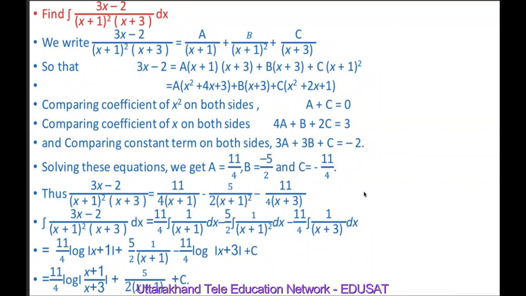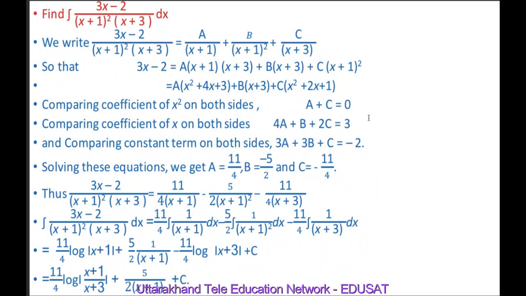So you can solve this equation to get the values of a, b and c. You can shift c to other side, get the value of a equal to minus c, substitute the value of a here, substitute the value of a here, you will get the equation in b and c.